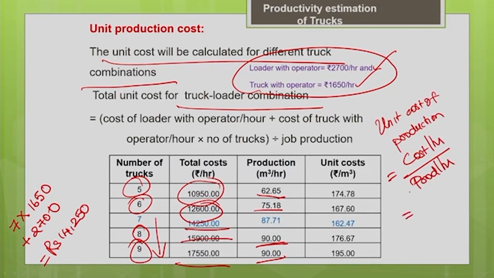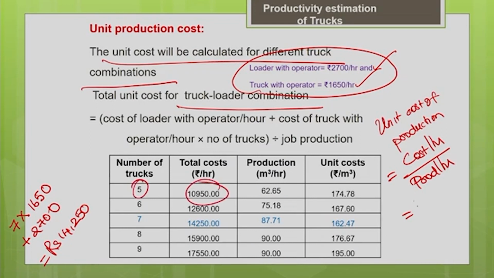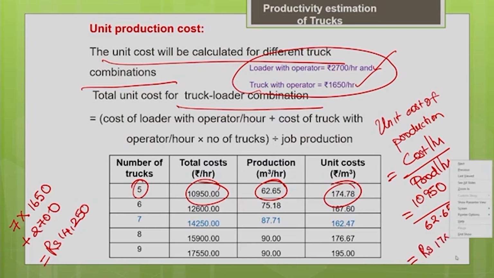So, for 5 trucks, what is the total cost? 10,950 divided by productivity 62.65. This gives me the answer as rupees 174.78 per meter cube. This is the unit production cost associated with 5 trucks.